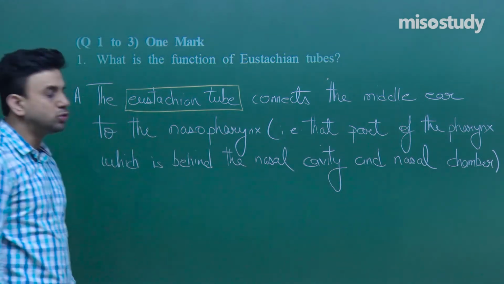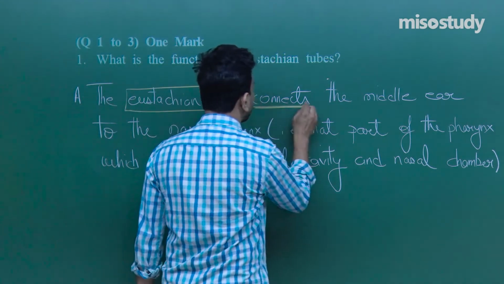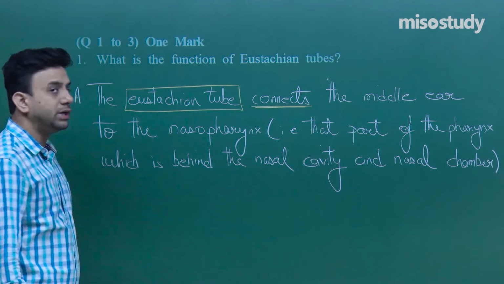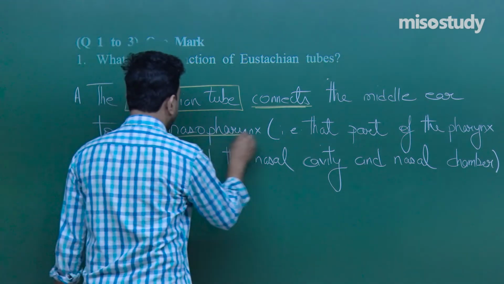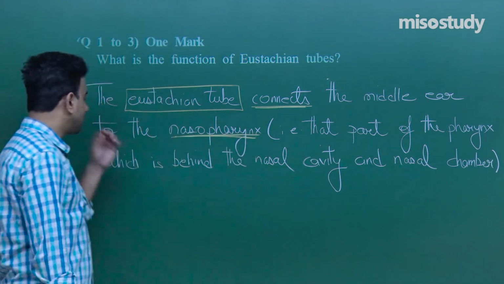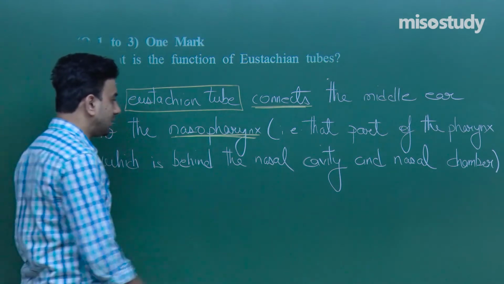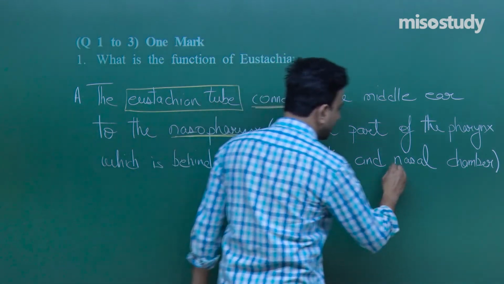The eustachian tube connects the middle ear to the nasopharynx. That is that part of the pharynx which is behind the nasal cavity and the nasal chamber.